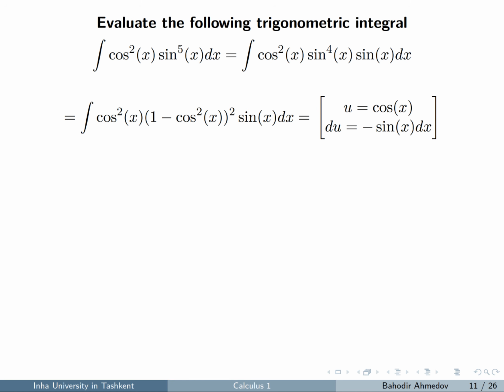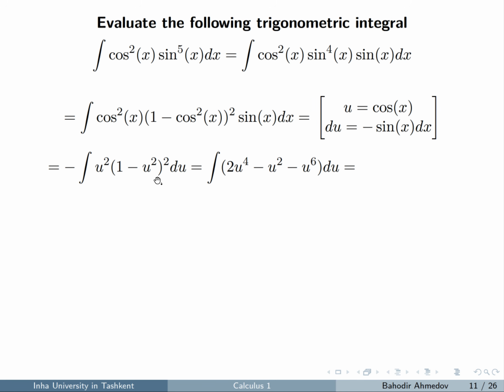Since 1 minus cosine squared of x is sine squared of x, everything is true. So we introduce the substitution: u is going to be cosine of x, and du is going to be minus sine of x dx. By introducing the substitution, we have this term: u squared, (1 minus u squared) squared.